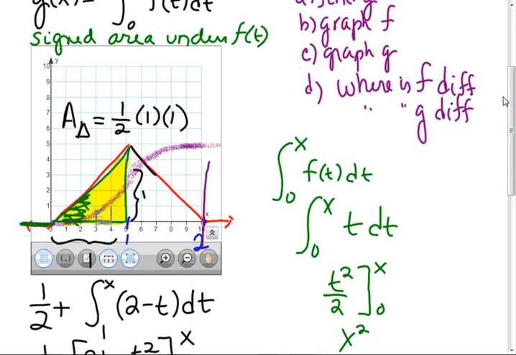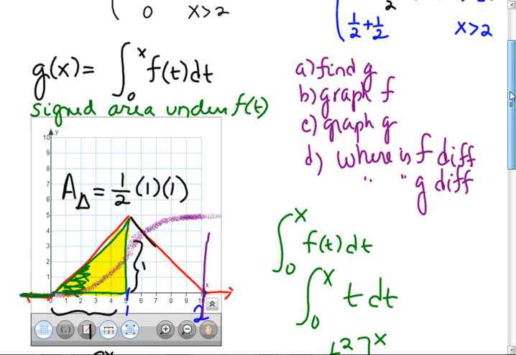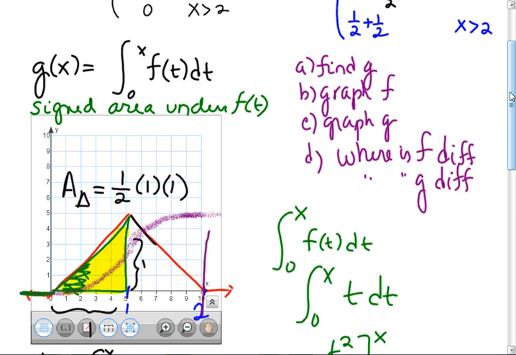Yeah, I think so. Where is f not differentiable? X can't be where? Where can't you take the derivative of f? 1, where else? 0 and 2.